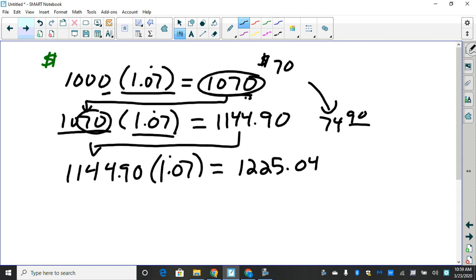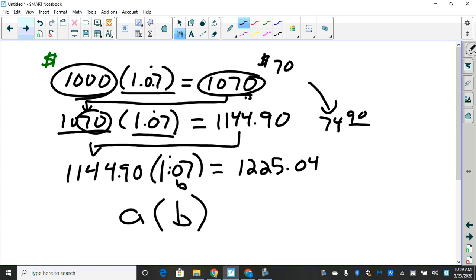So look what's happening. What am I doing each time? I'm taking my initial investment, A, and multiplying it by some growth factor, B, but look, I'm just doing it the same every year. So I could just do that. Well, watch what I could get right here. What if I had done 1,000 times 1.07?